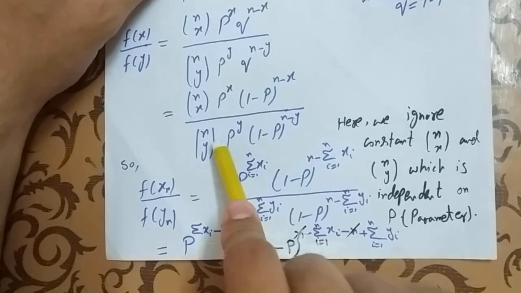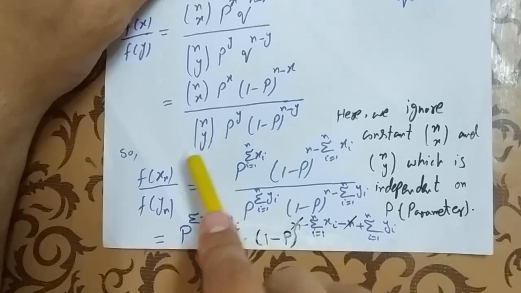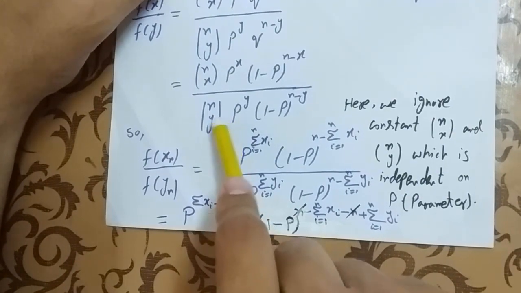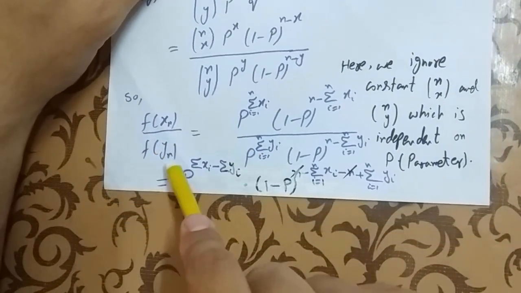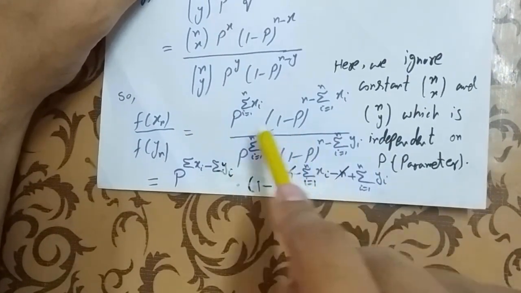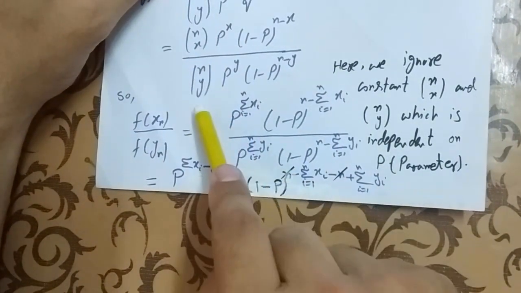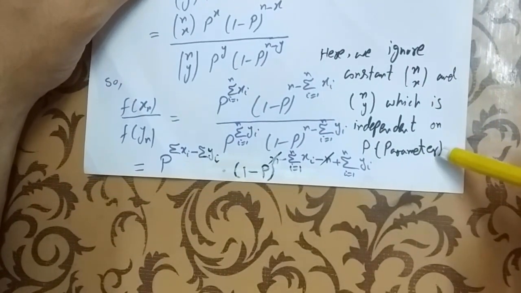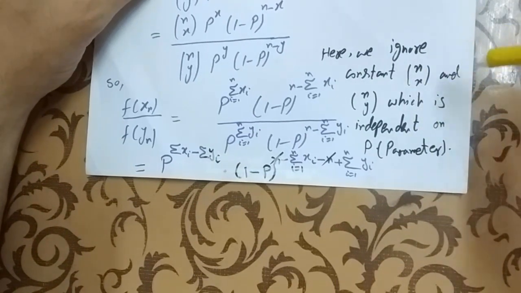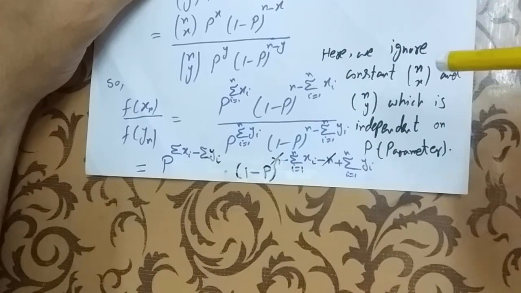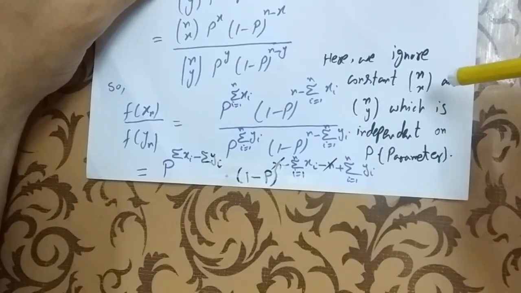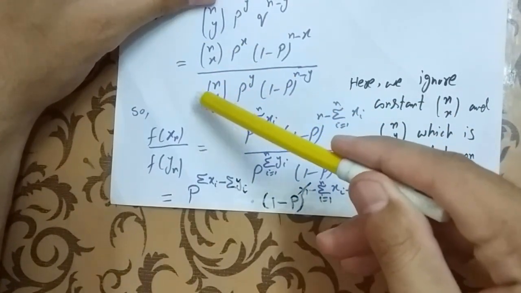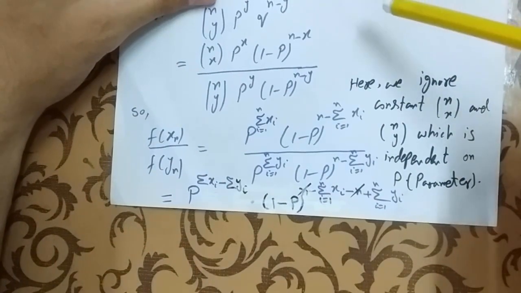This expression is for the single sample, and now we take it for the nth samples, f of xn over f of yn, which is equal to this. Here we ignore these constants which are independent of the parameter, because here we discuss only the minimal sufficient statistics, and these constants do not depend on the parameter, which is p for the binomial distribution.